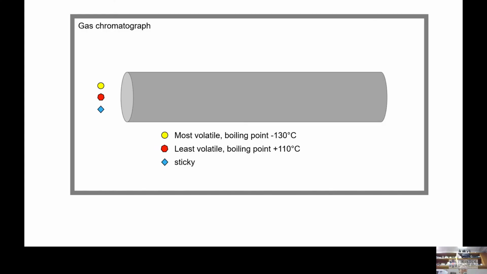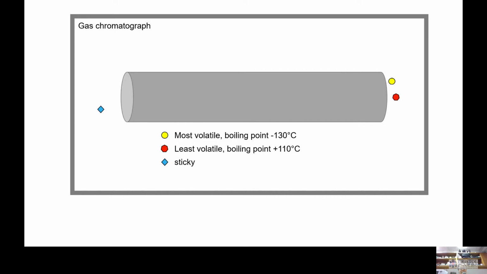And your gases travel through that. Molecules that have a very low boiling point will travel through it very fast. And things that are less volatile, that have a higher boiling point, will travel through it either very slowly, or maybe you have to heat up the oven before they start traveling through at all.